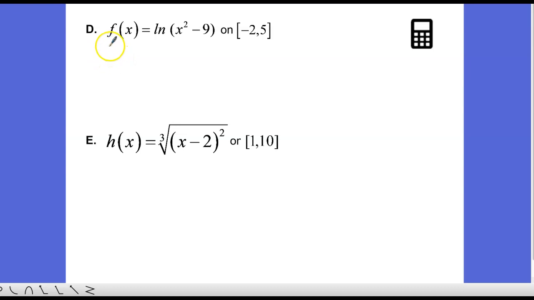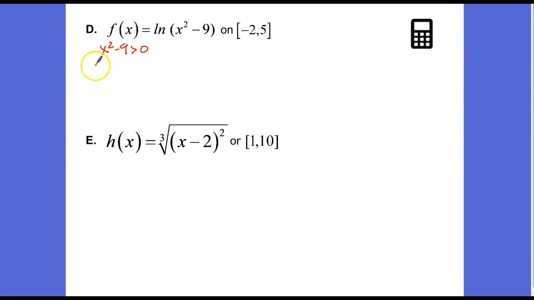So let's start with x squared minus 9 greater than 0. If we factor the left side, we get x minus 3 times x plus 3 greater than 0. And this gives us our x-intercepts, factoring as a difference of squares. And so let's just take a minute and think about this x squared minus 9.